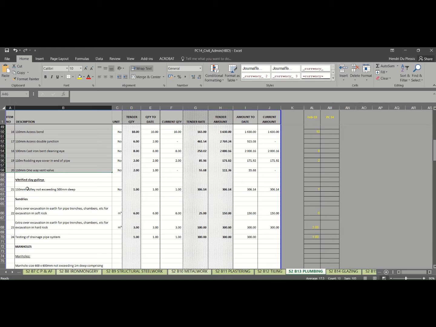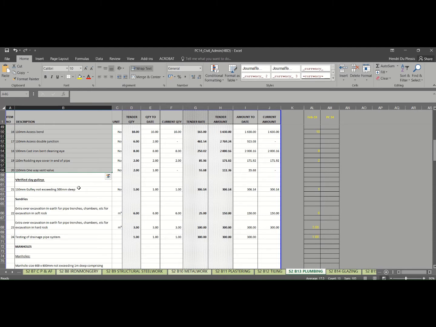So whenever you do use the rates, please just make sure that, for instance, if you do use the entire plumbing schedule, that you do not include it here underneath 112 and also in 603 for all your external works, where that installation is also included.